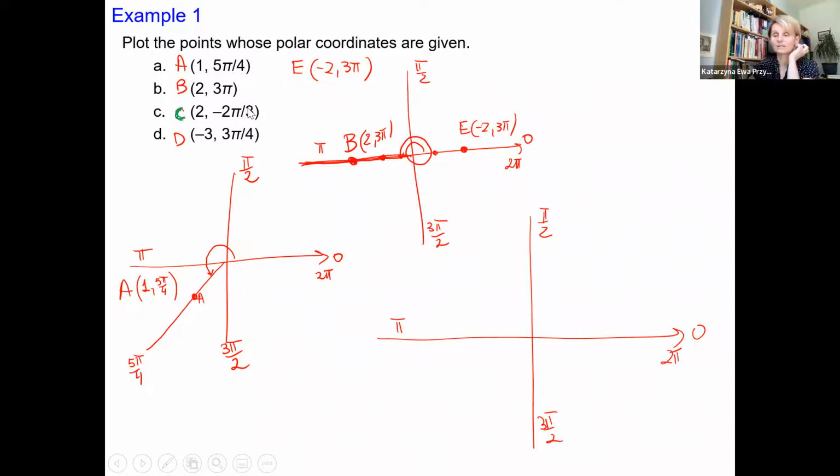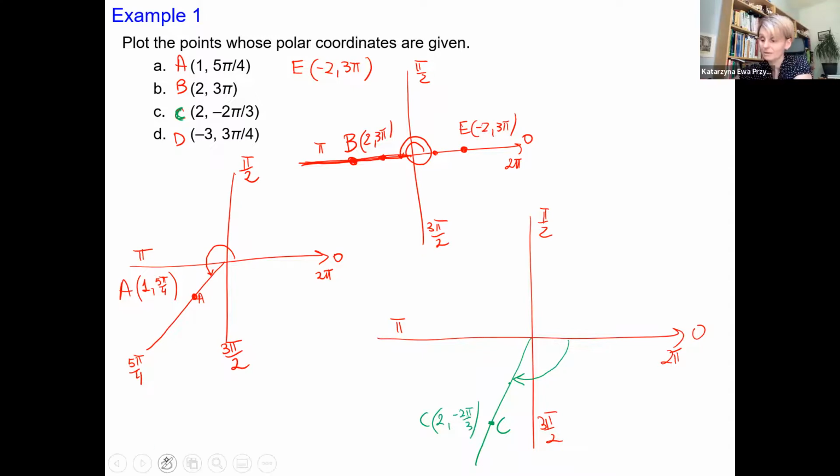In which quadrant can I place that angle? -2 pi over 3 is -120. Third one, yes. I think this is that angle. And 2 units, 1, 2. This will be the point C: 2, -2 pi over 3.